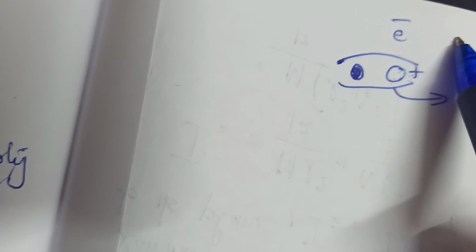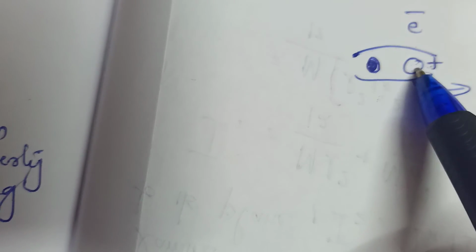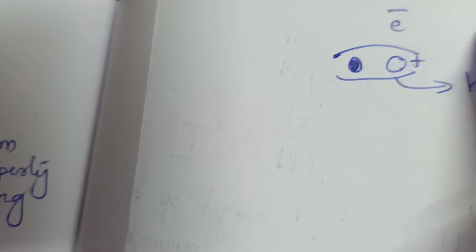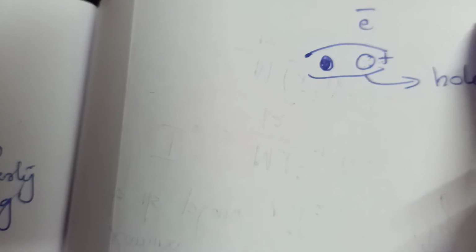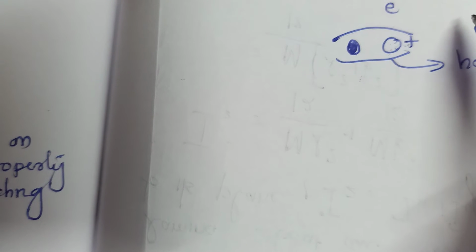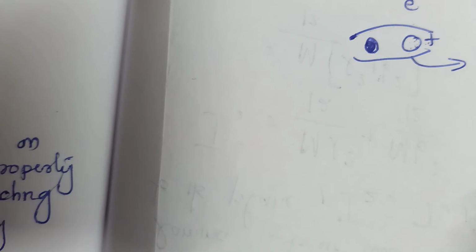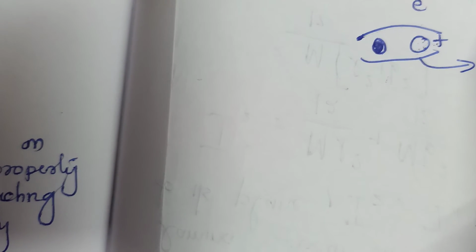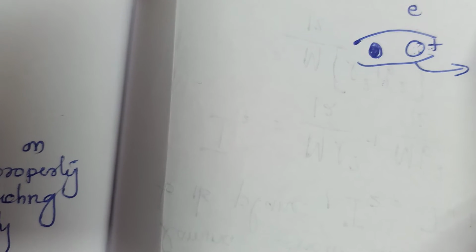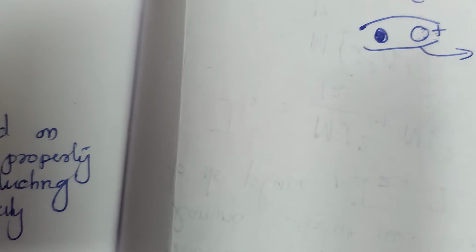Again, the deficiency will be transferred from one portion to another, and likewise this deficiency will be transported, like mobilizing a valence electron from one portion to another. Actually whole conductivity is really the valence electron conduction. This is the basic thing.